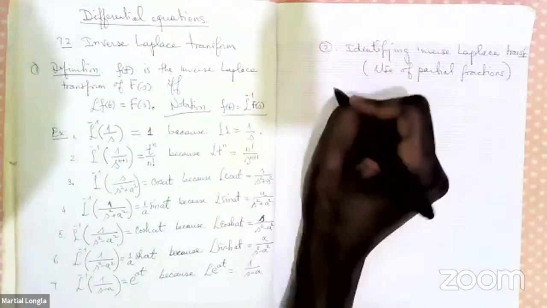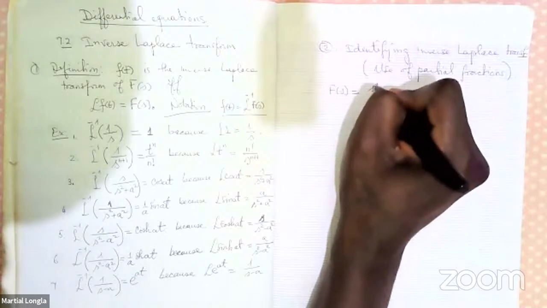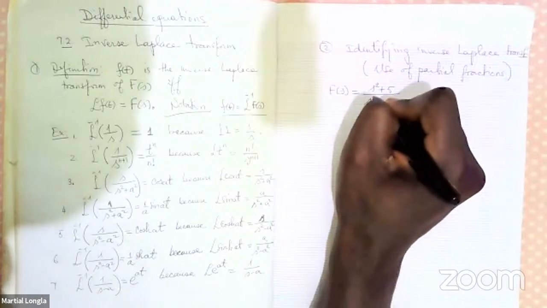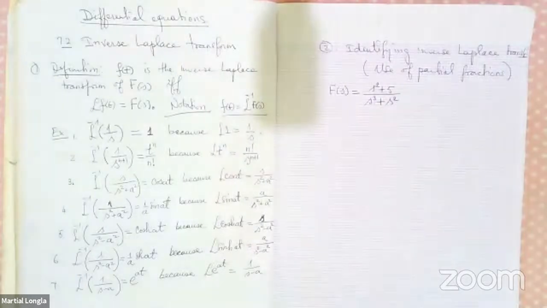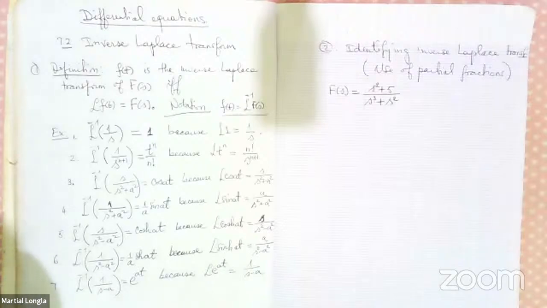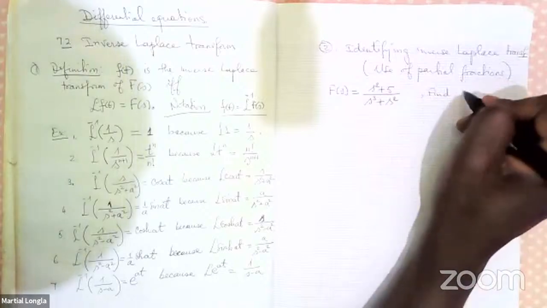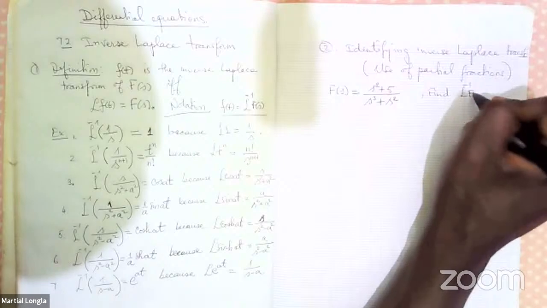Let's say, for example, we have capital F of s equals s squared plus 5 over s cubed plus s squared. And then the question is, find the inverse Laplace transform of F of s.